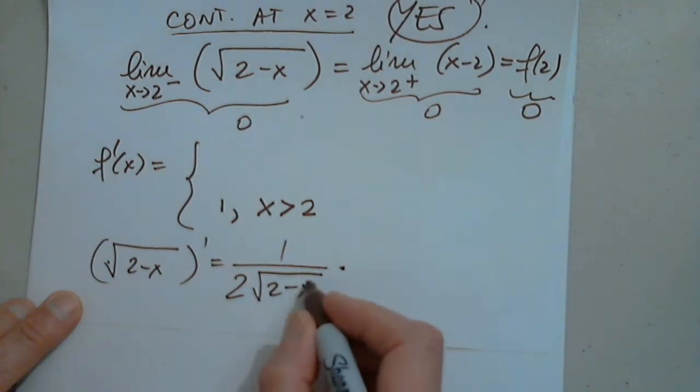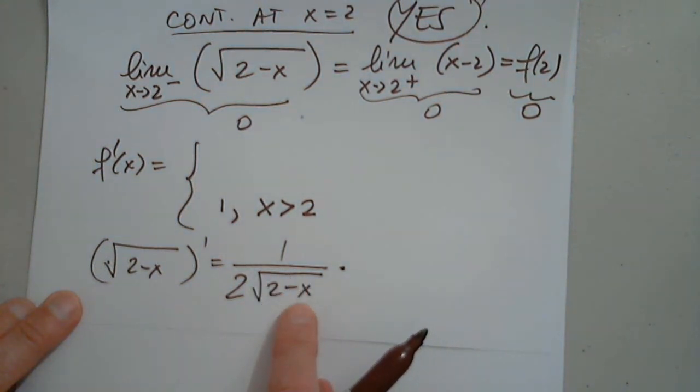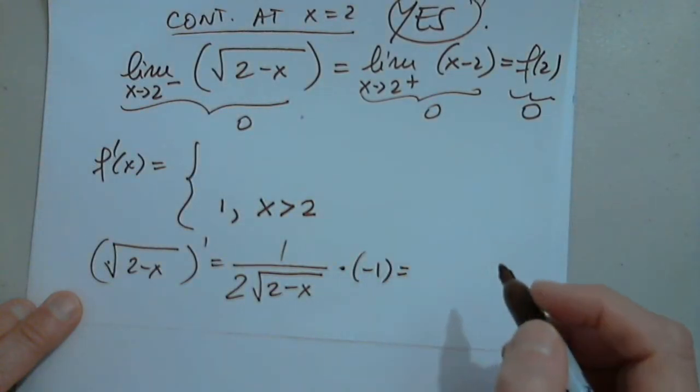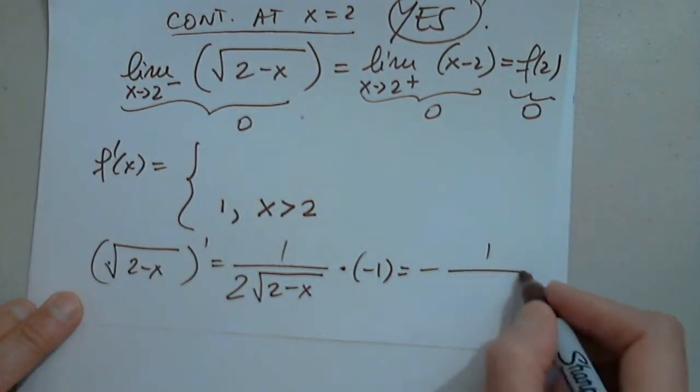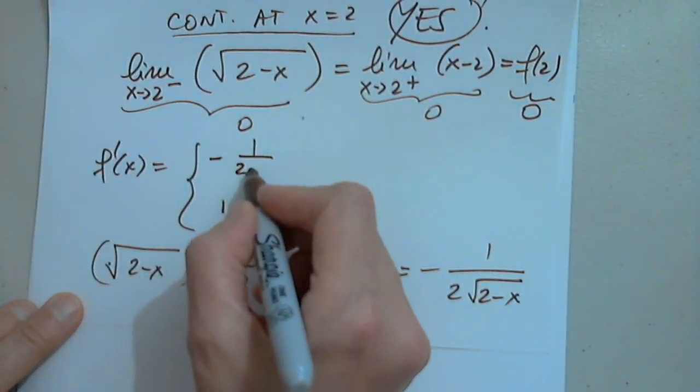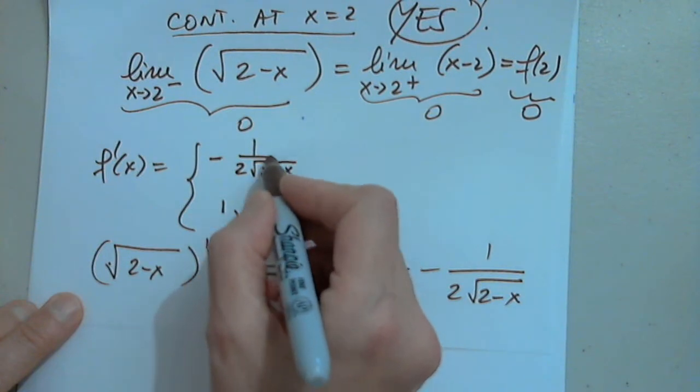Can anyone give us the inner function prime? -1. Thank you very much. Who was that? Nick, thank you. So -1 over 2 the square root of 2 minus x.